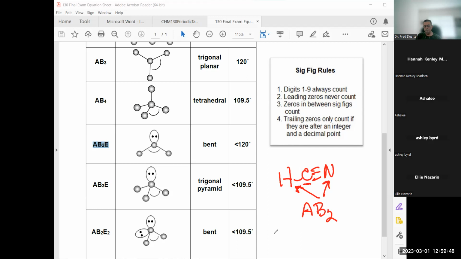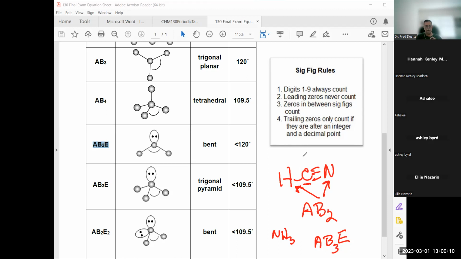When we did ammonia, we had AB3E. In this case, B is 3 hydrogens. They're all the same. Okay. But in generic terms, whatever is bonded to the central atom, that's what B is.